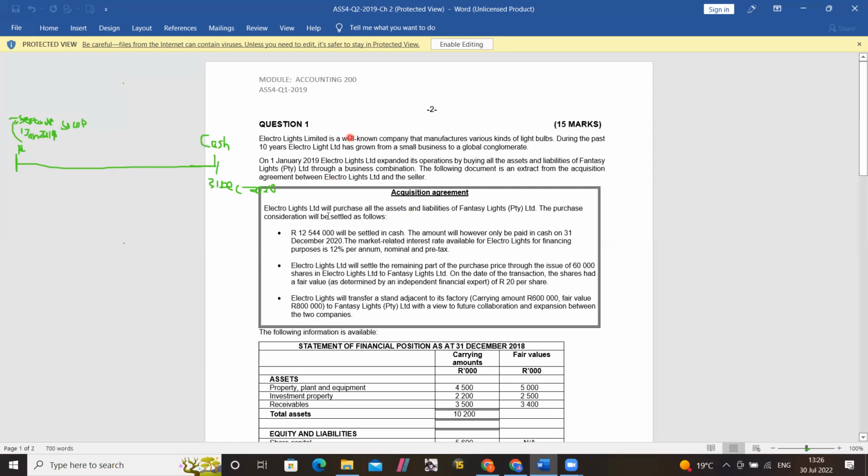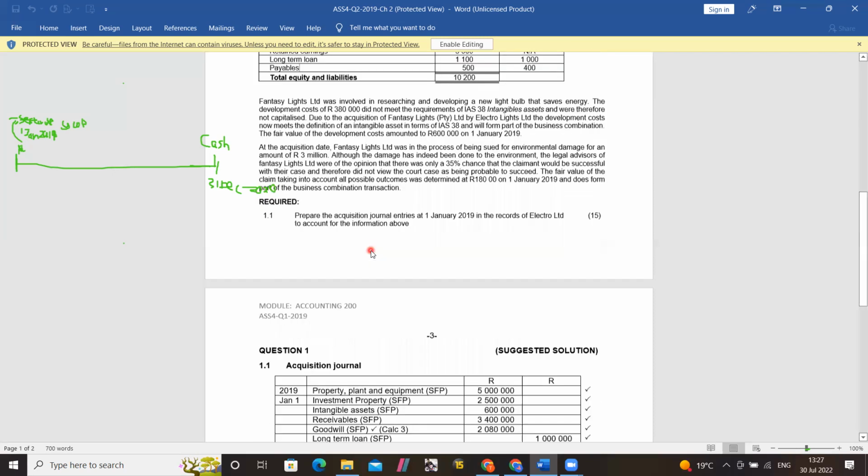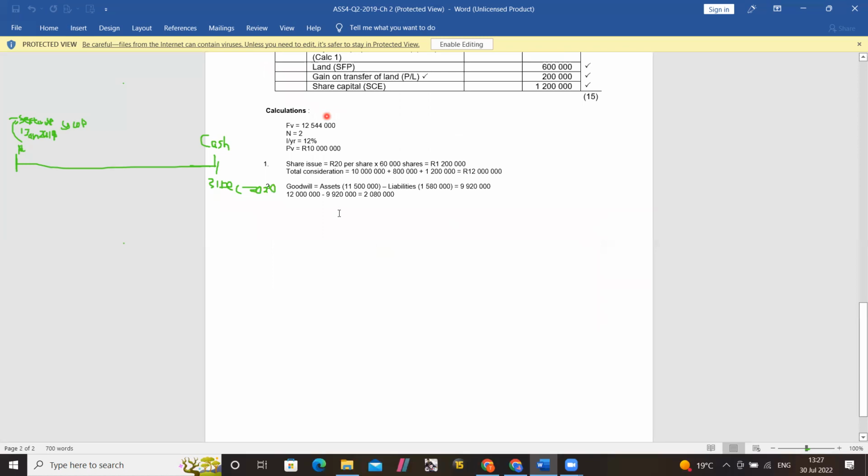This is what you're gonna pay, right? So you can't credit this and say loan. You have to credit the present value, and then as time progresses, accumulate that loan with interest, right? So we have to determine the present value of this amount, using this percentage that they gave us here for financing, right? So we are going to have this calculation.